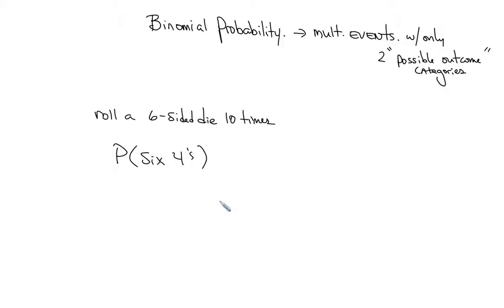Okay. So, how do we do something like this? Well, here's the idea. The probability of some binomial event occurring a certain number of times, because that's typically what happens.